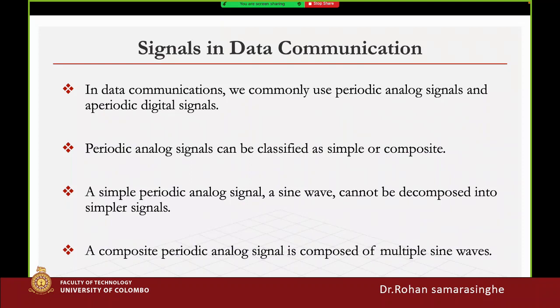Periodic analog signals can be classified as simple or composite. The simple periodic analog signal, the sine wave, cannot be decomposed into simpler signals. The composite periodic analog signal is composed of multiple sine waves.